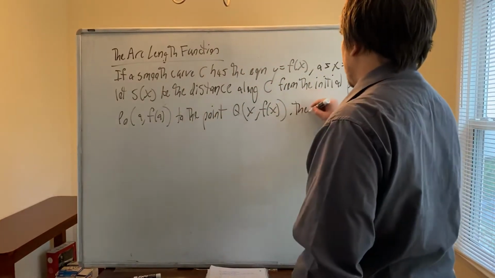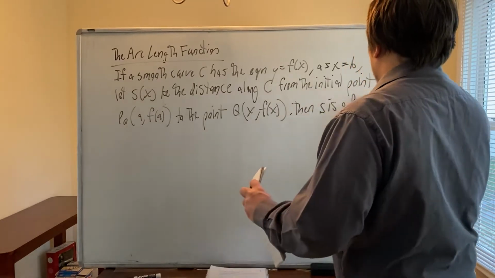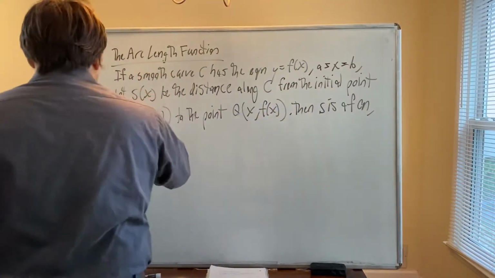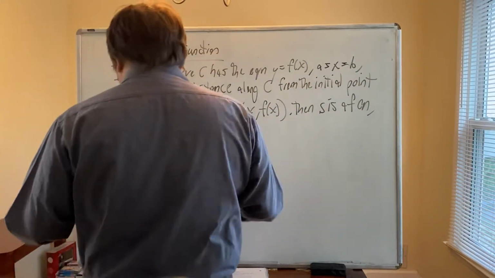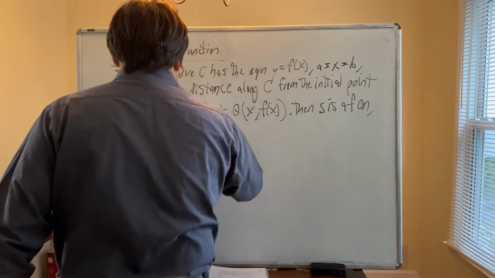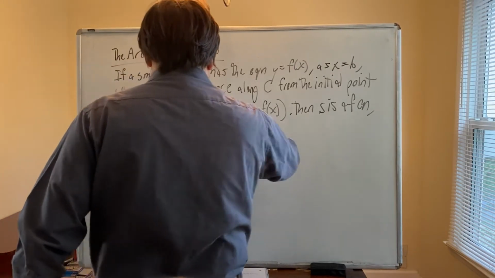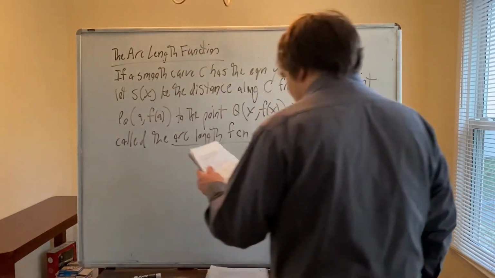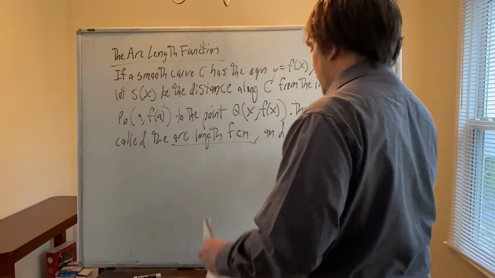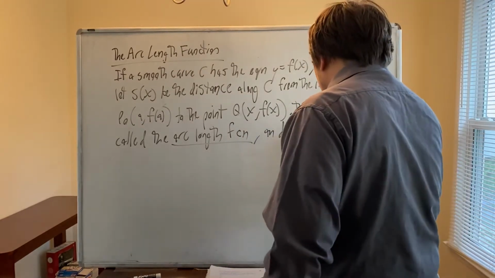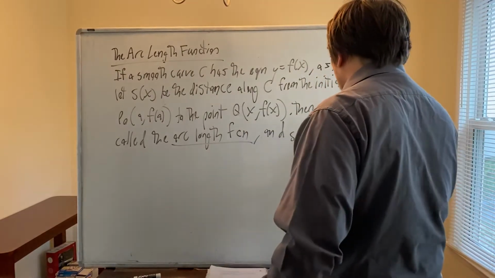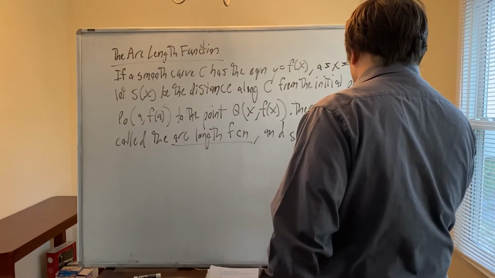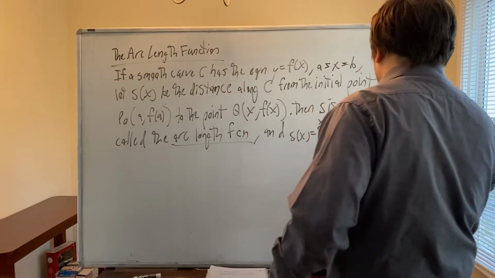Then S is a function called the arc length function, and S of x is equal to the definite integral from a to x of the square root of 1 plus f prime of t squared dt.